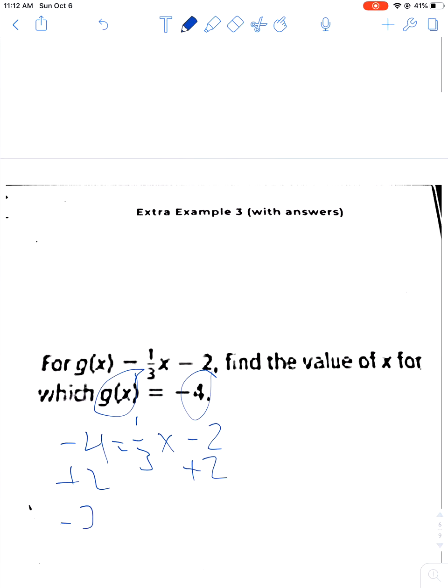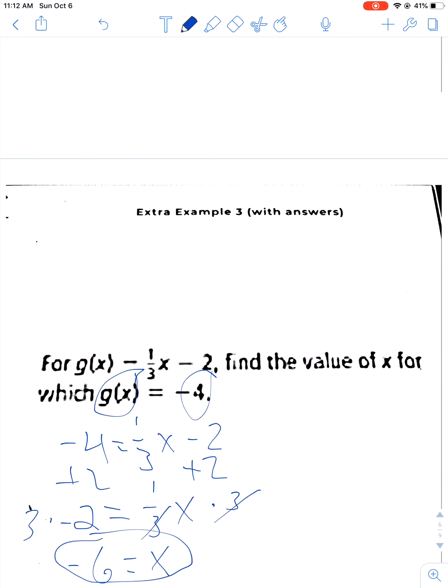So we get negative 2 equals 1 over 3 x. Times by 3 to get them to cancel out. 3 times negative 2 is negative 6. Now this is 1x, but we really don't have to write the 1. So I'm done. x is -6.